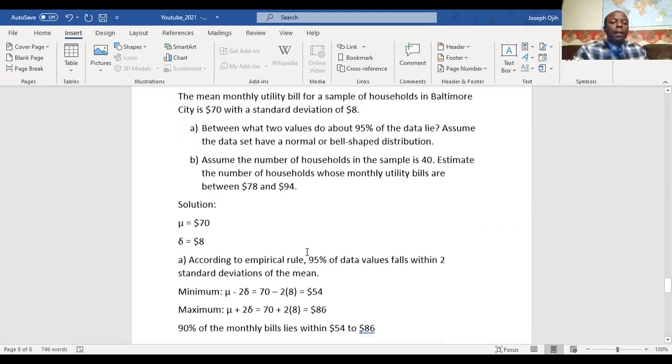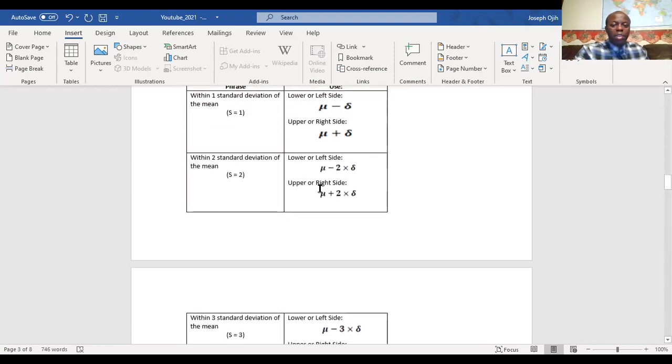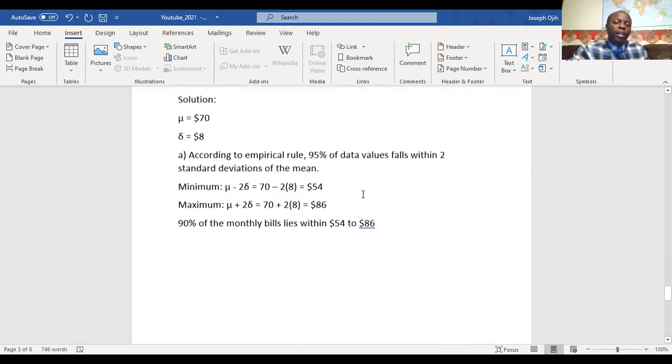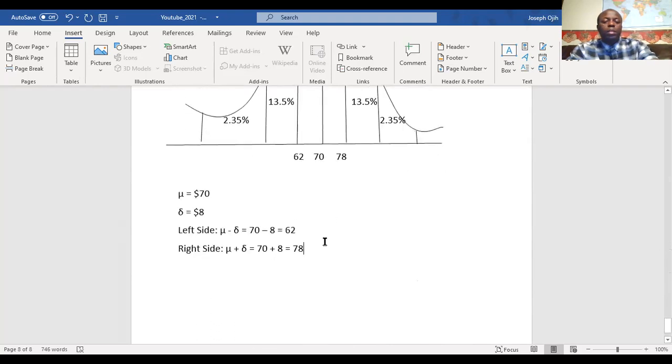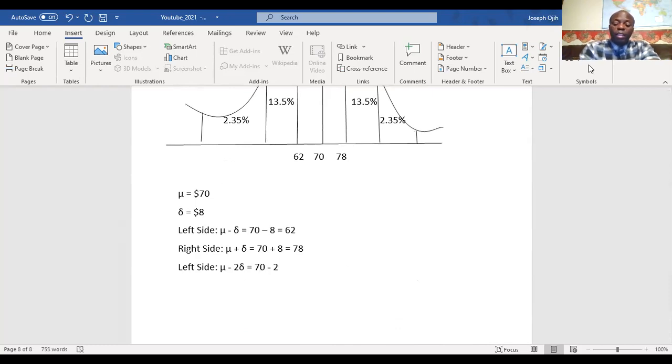So we'll repeat the process to get the two standard deviations. For the two standard deviation, if you remember, you'll be using this formula here: mean minus two standard deviation for the left side, and mean plus two standard deviation for the right side. So for the left side I have the mean of 70 minus 2 times the standard deviation of 8.